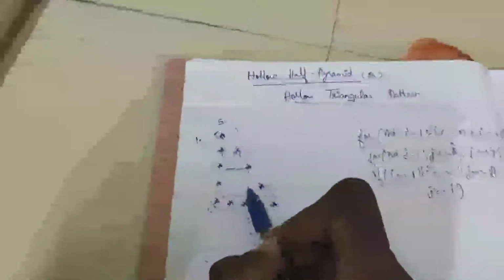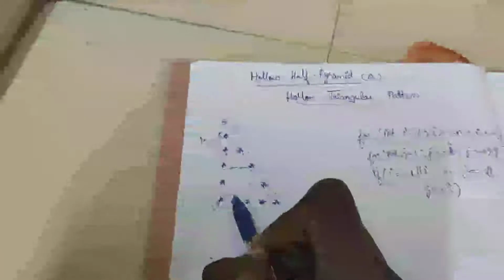For example, if i is 2, in the second column star is present, and in the third row at the third column star is present, and in the fourth row fourth column star is present, but in between there are no stars, only space is present, right?